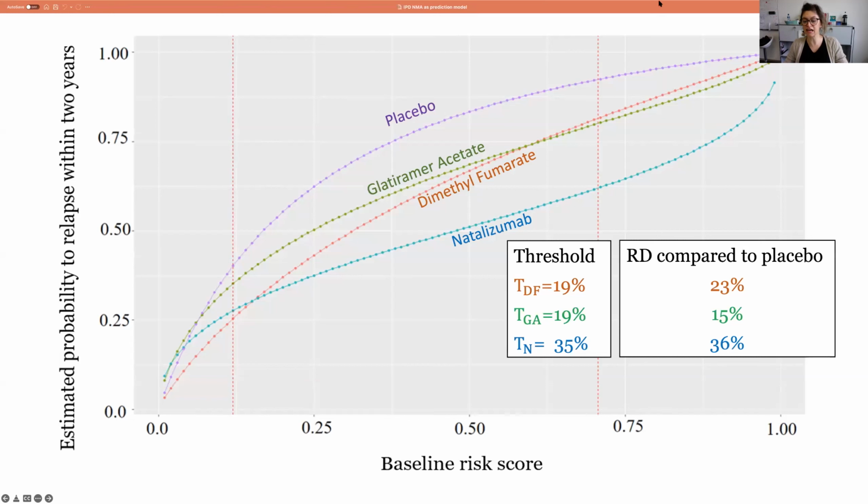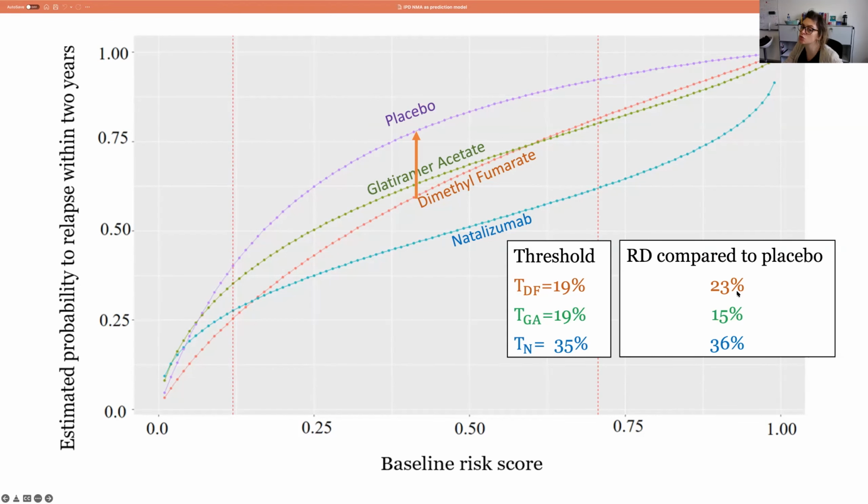So, these are the results from our model. These are the thresholds we set, and assume a patient is somewhere here. Their baseline risk is somewhere around 35. So the risk difference compared to placebo for dimethyl fumarate is 23%. It's larger than the threshold, so it is an option.